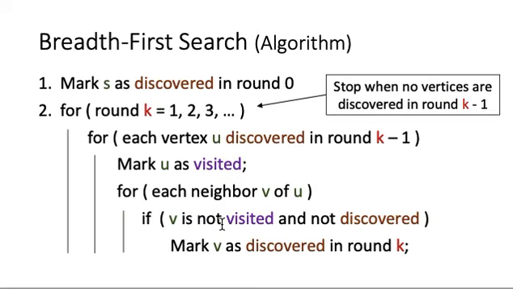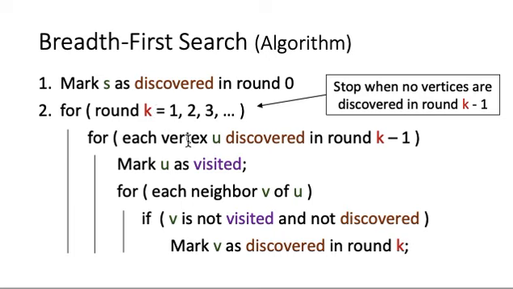So how do we do so? This is the algorithm. First of all, we mark S as already discovered in round 0. At the beginning, we start from S, so it is already discovered. Now we run in rounds, for round K equal to 1, 2, 3, and so on.